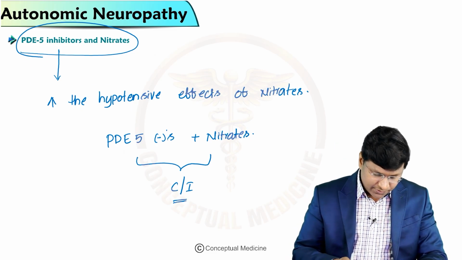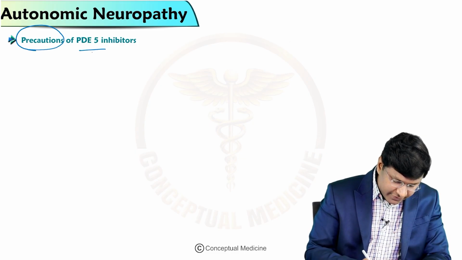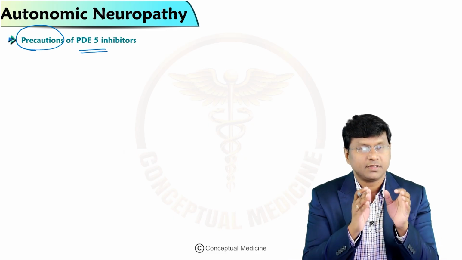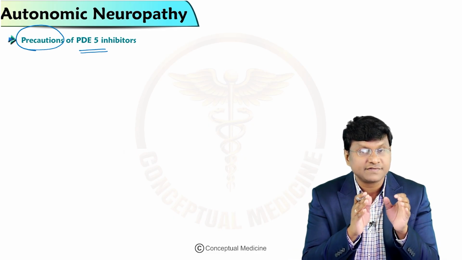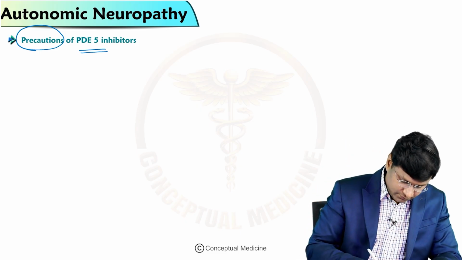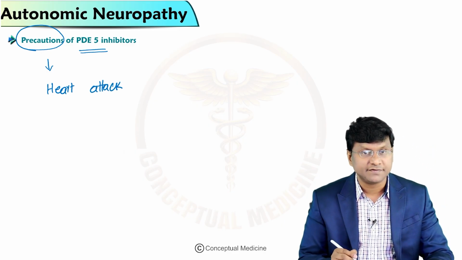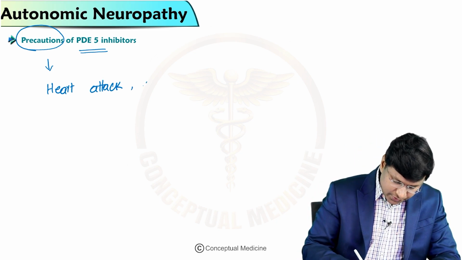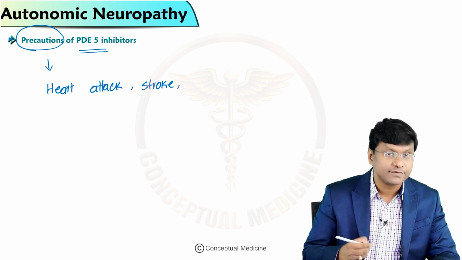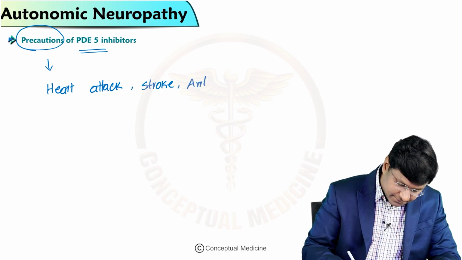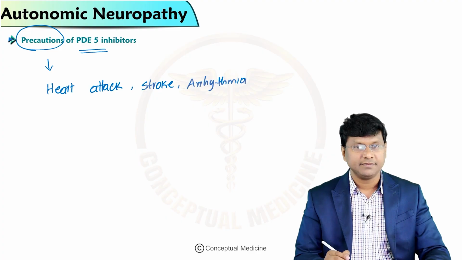Now, coming on to precautions when the patient is taking phosphodiesterase 5 inhibitors. Caution is advised for men who have suffered a heart attack, who have a past history of stroke, or who have a history of life-threatening arrhythmia.